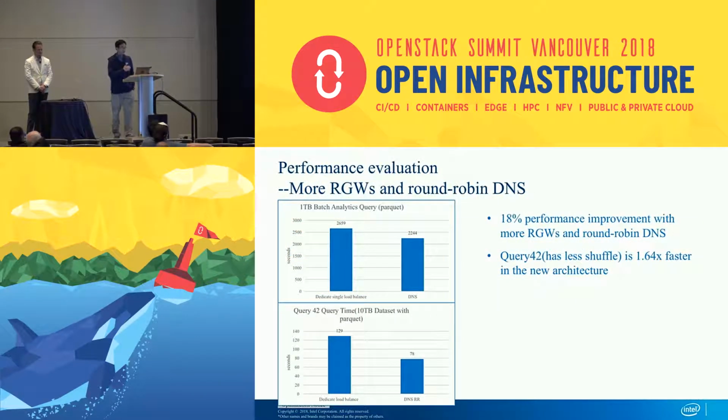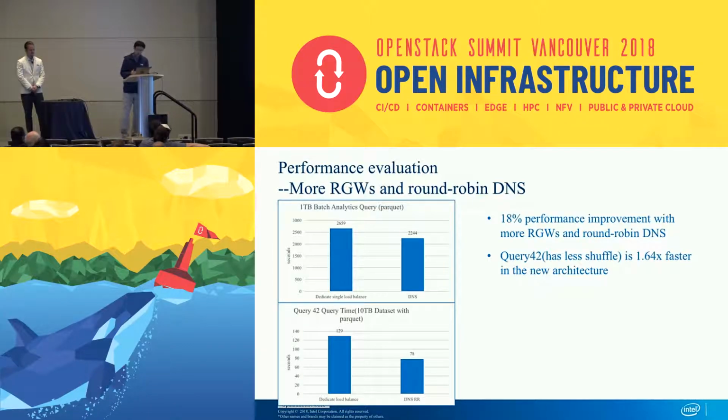So with this, we saw the bottleneck on the load balancer side is fixed, and also we saw about 18% performance improvement with round-robin-based DNS access.